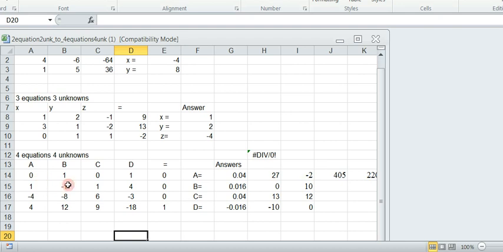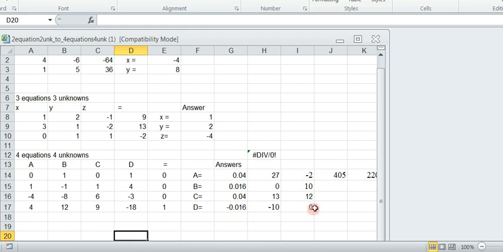I did it already. B plus D is 0. A minus B plus C plus 4D is 0. Minus 4, 8, 6, minus 3 is 0. 4, 12, 9, minus 18D is 1. So I have 0.04, 0.016, 0.04, and minus 0.016.